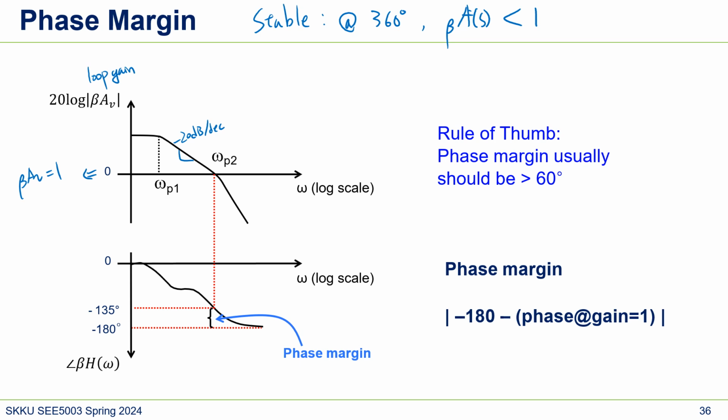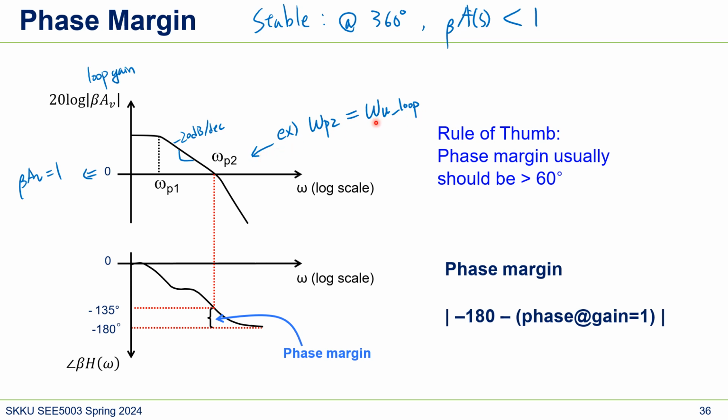And in this case, this is a specific example where WP2, the pole 2, is equal to W unit gain frequency, the unit loop gain frequency. The unit loop gain frequency is the frequency that makes the gain equal 1. So this is just coincidentally the pole 2 is equal to the unit loop gain frequency.